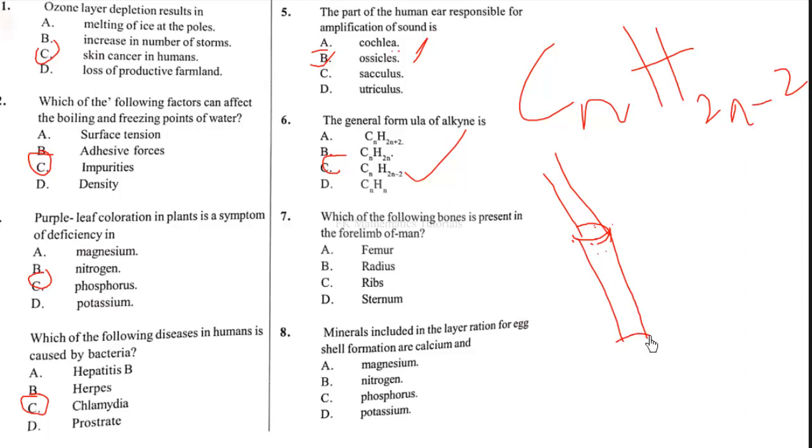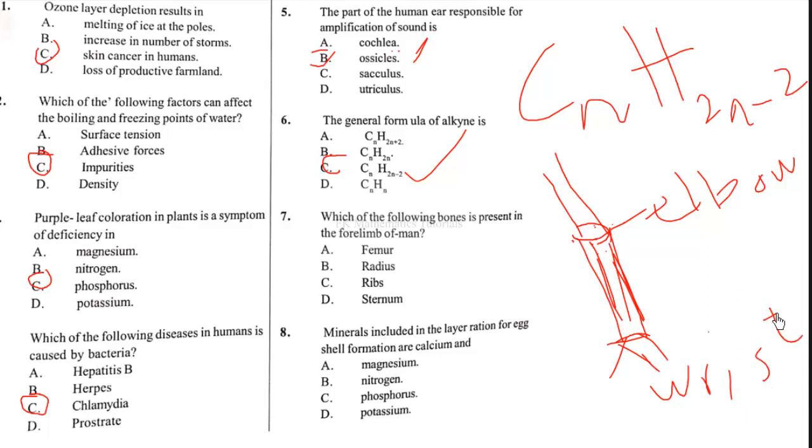This is your elbow, and this is your wrist. So the forelimb is in this region.